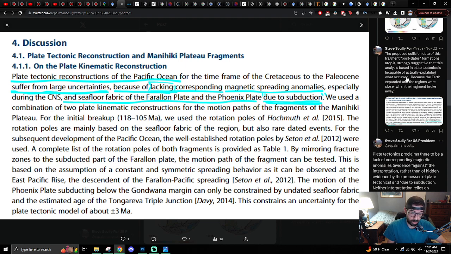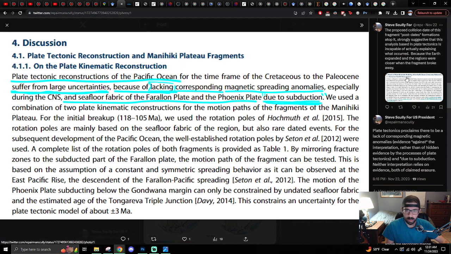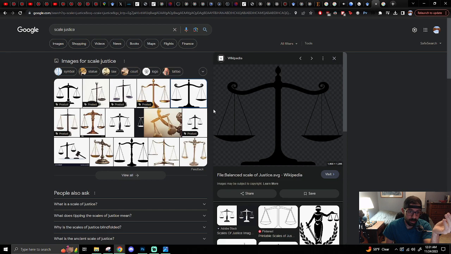There's no actual evidence to draw upon except circumstantial, going back to the scales, like maybe when we only put it on this scale, it looks like this is the answer. So yeah, the data is erased. It's gone, because this is what's happening, plate tectonics.